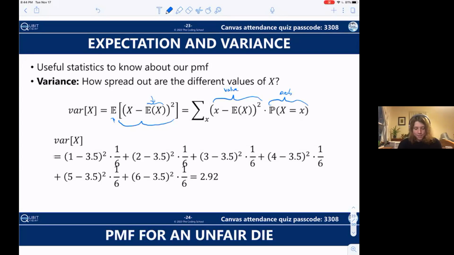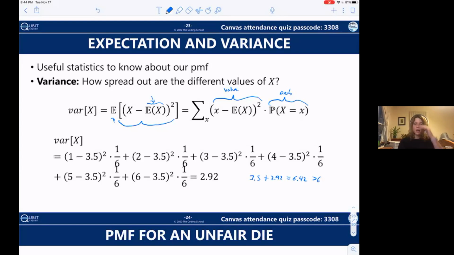This variance doesn't have to be within the set of values you can actually achieve. If our average value is 3.5 and we added 2.92 to 3.5, we get 6.42, which is greater than 6.